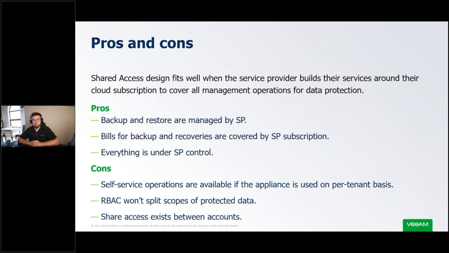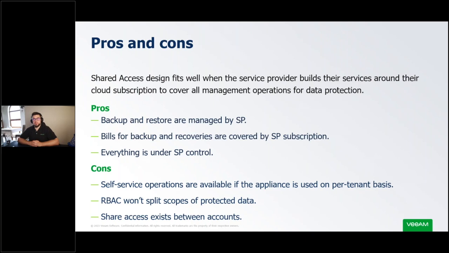So if you have the same layout but an appliance per tenant, then self-service operations are available. Role-based access control will not split scopes of protected data. So if you share the appliance between different tenants, role-based access control will just restrict operations, but it will still show all the data which is protected by the appliance.